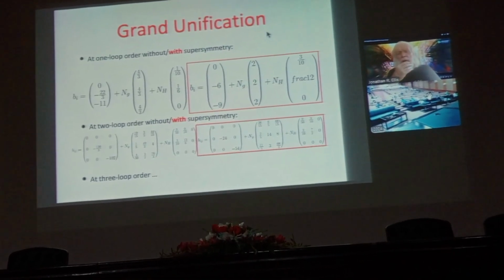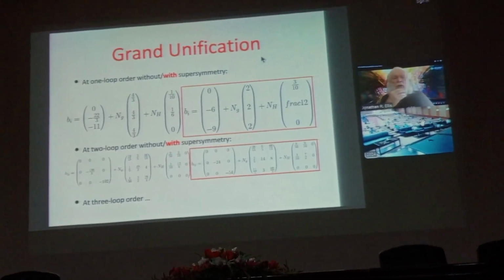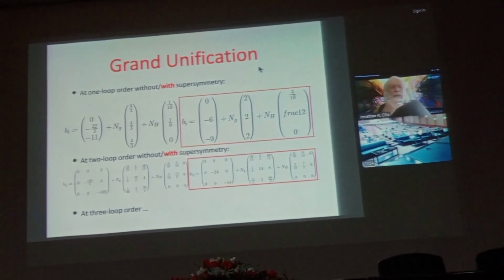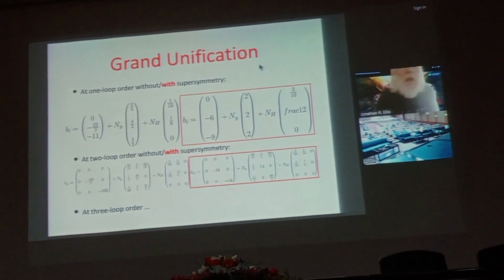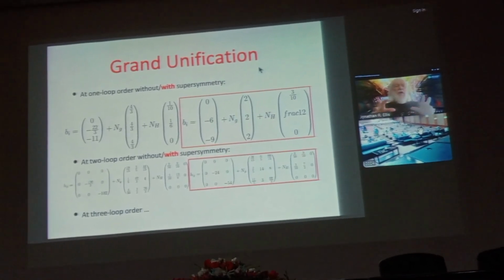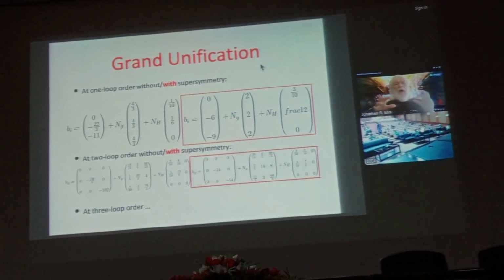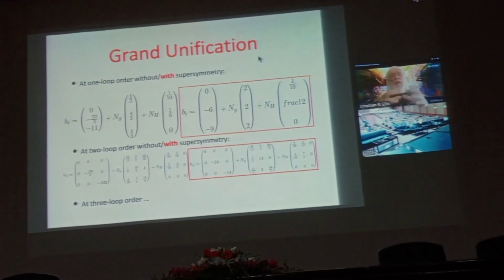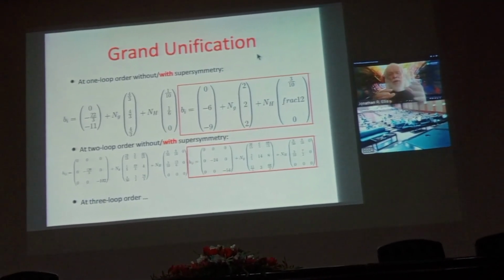So I also mentioned that supersymmetry could help with grand unification. This is the idea that the various different gauge groups in the standard model could be unified in some simple group which would become manifest at high energies.